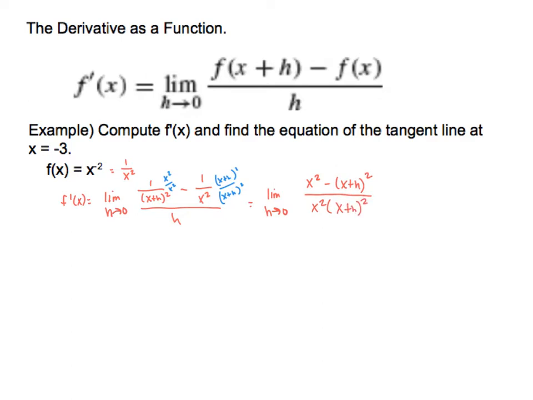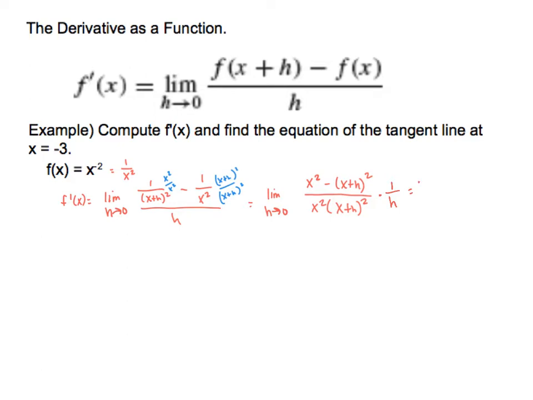That's really the numerator coming together, and the whole thing is divided by h or multiplied by 1 over h. So I'm rewriting the division by h as a multiplication by 1 over h. Okay. My next line of work, I need to FOIL out the x plus h quantity squared in the numerator only. Don't do it in the denominator.